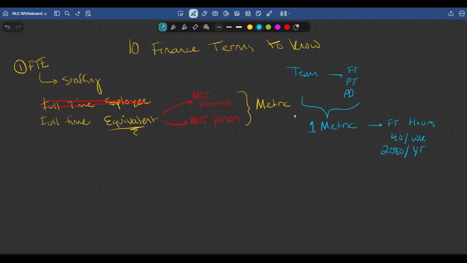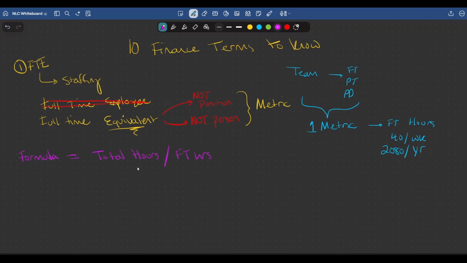But then the question is, how do we calculate it? Well, the formula we're going to use for FTE is pretty simple. It is total hours divided by full-time hours.